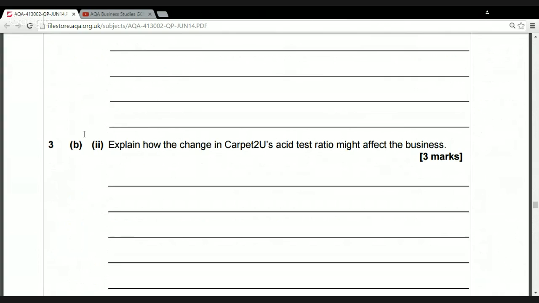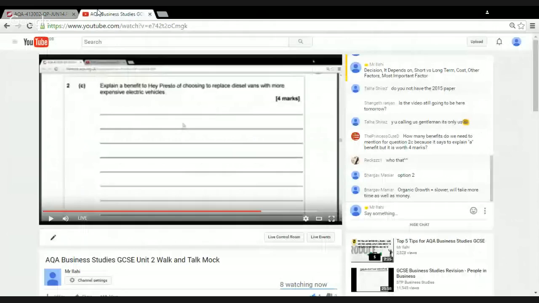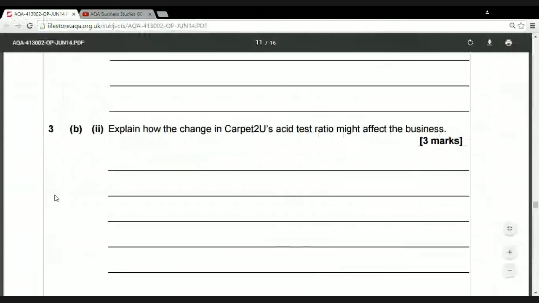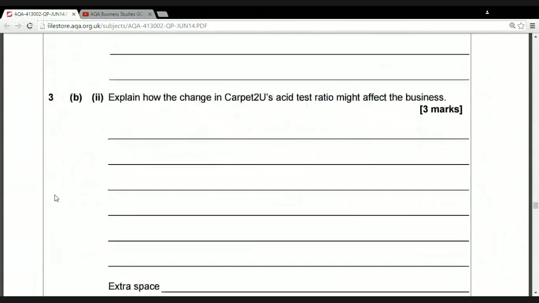And developing responses could include the risk that further credit may be refused by suppliers and the bank may not continue to extend its overdraft as well. Okay, so we're all okay on that question there.